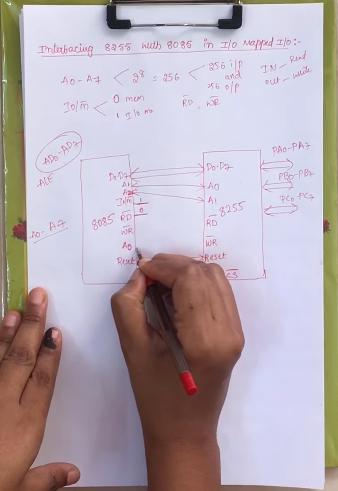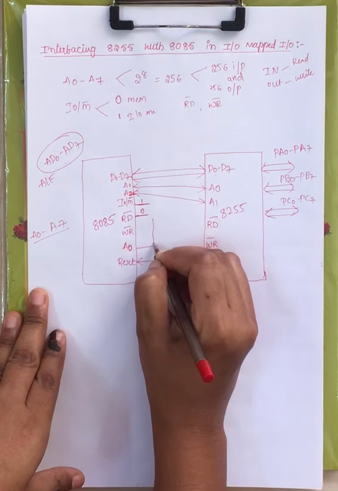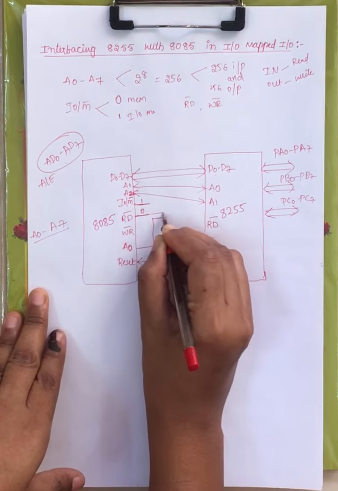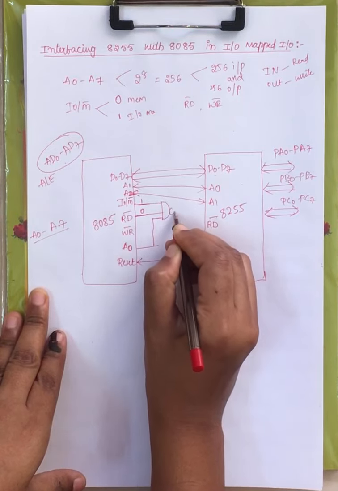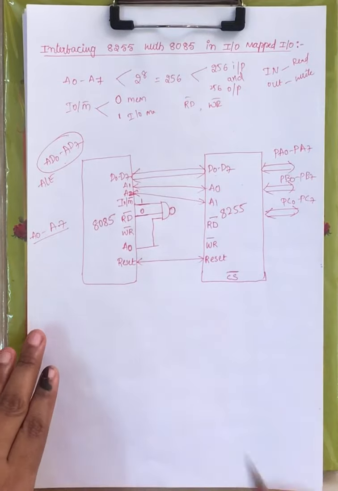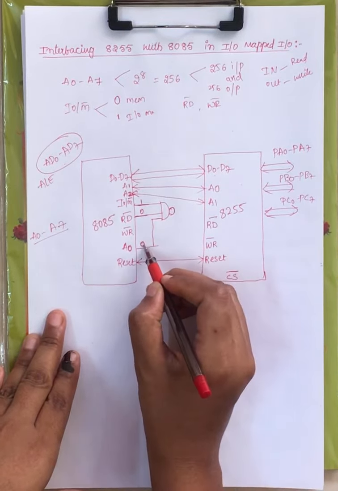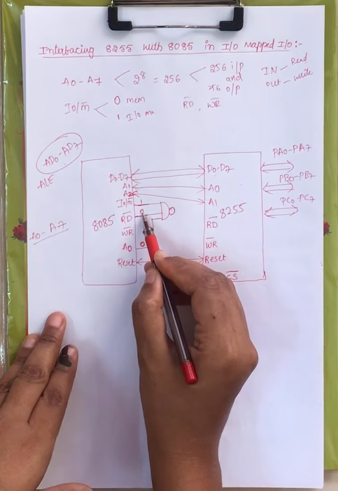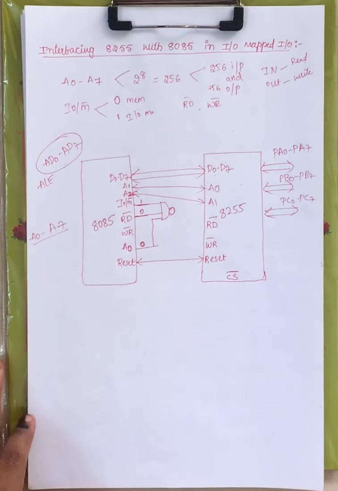Along with this we are connecting the A0 address line also. Now these are NAND gated. A0 is also 0. Now 1 with 0, what is the NAND operation? 1.